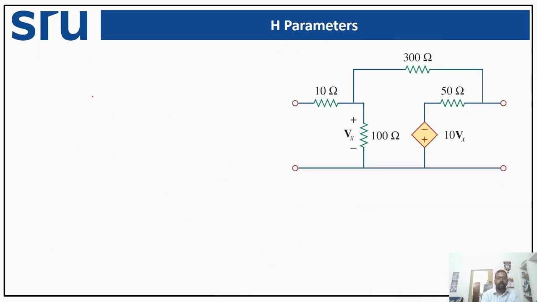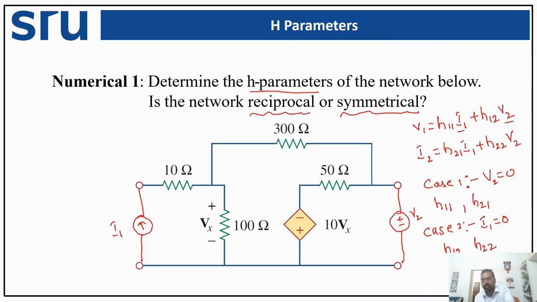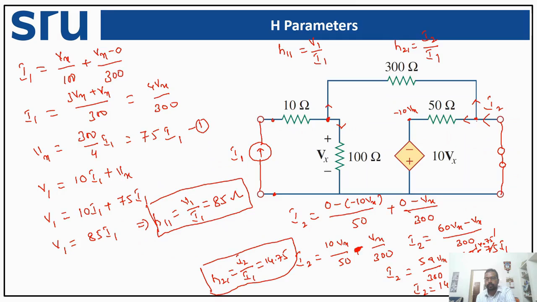So in case 2, what we need to do? We need to make I1 equal to 0, which we have discussed here. If we make I1 equal to 0, we will be able to compute H12 and H22.